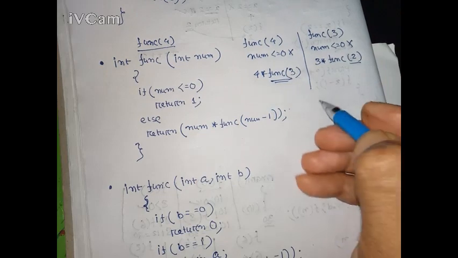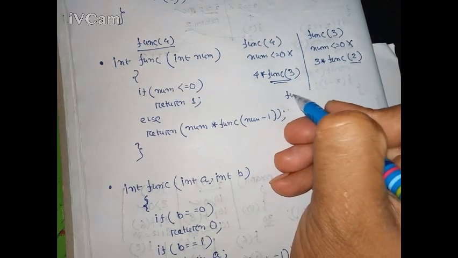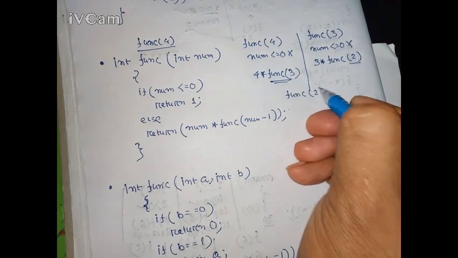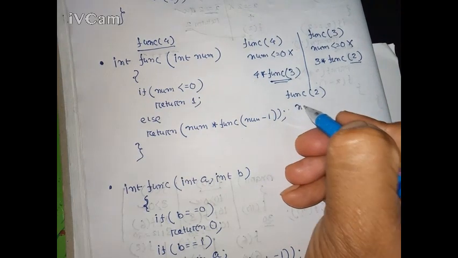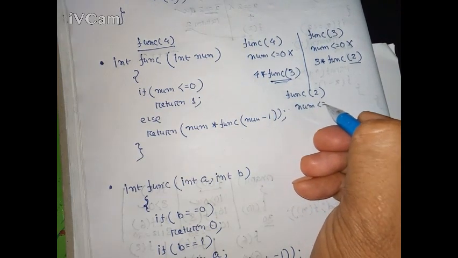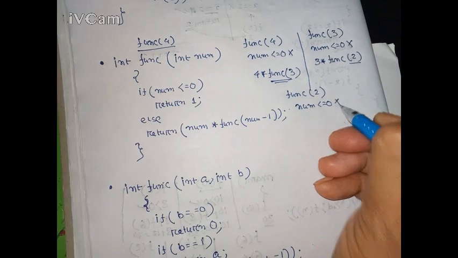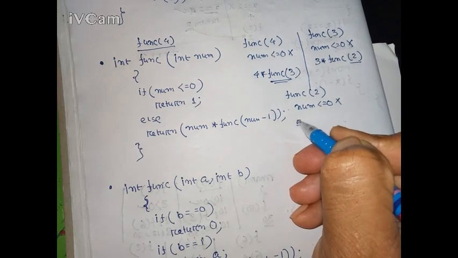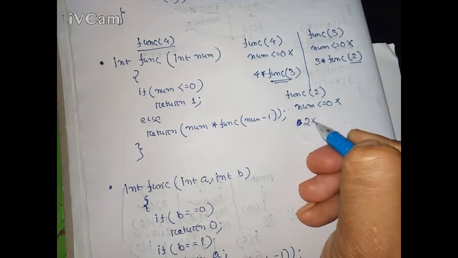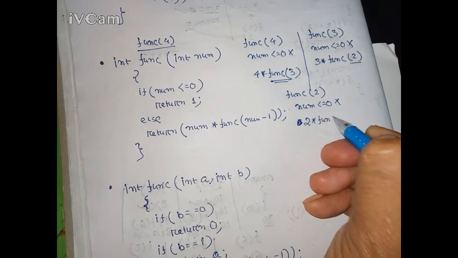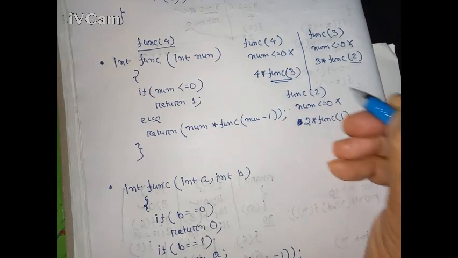We don't know the value of func 2. So we call this func 2 again. Okay. Check num less than or equal to 0. The answer is no. So it comes to where? That is 2 into func 1.